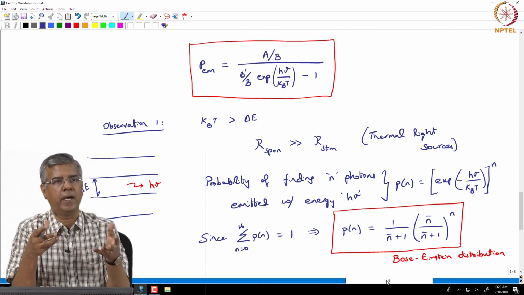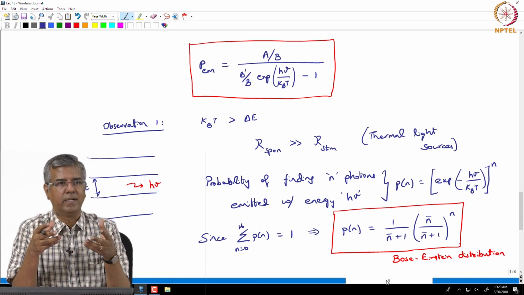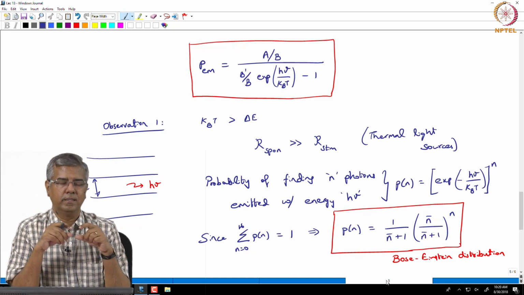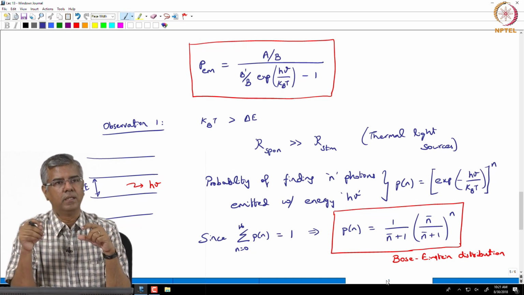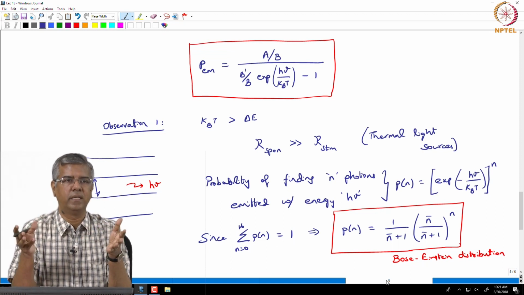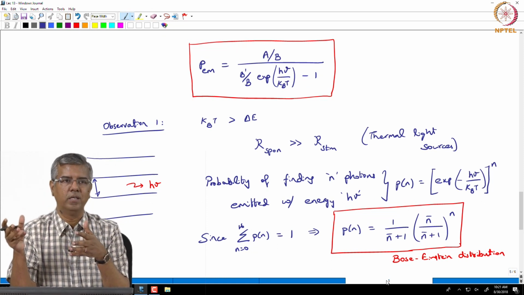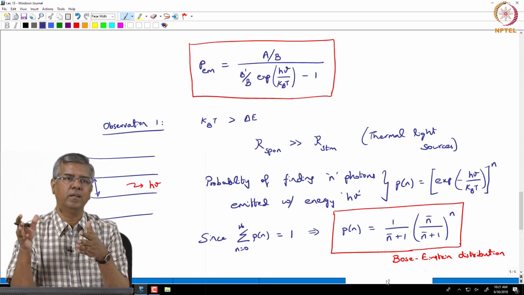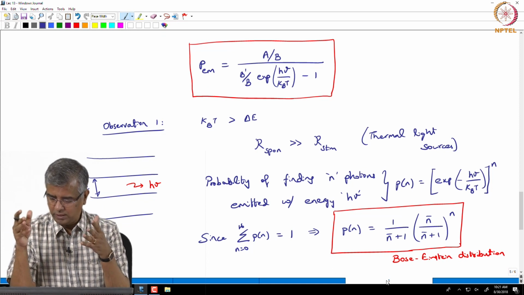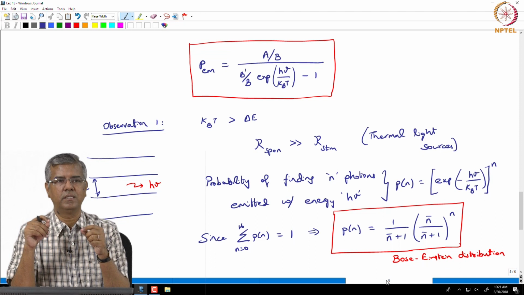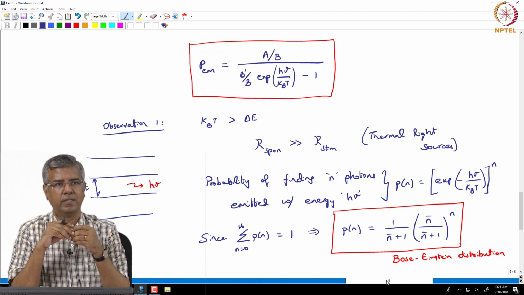So they are all going to the higher energy level, and from that higher energy level, that they will emit photons is actually a certainty. So what we are saying is, they will emit a photon, but then we are asking, what is the probability that you will find at any particular instant that n photons are emitted.